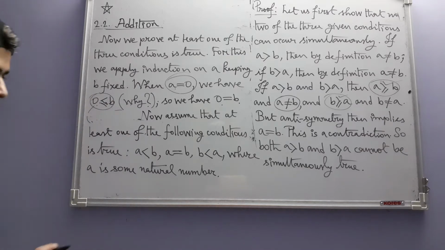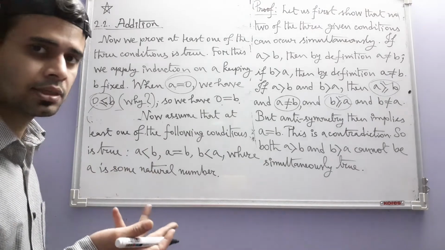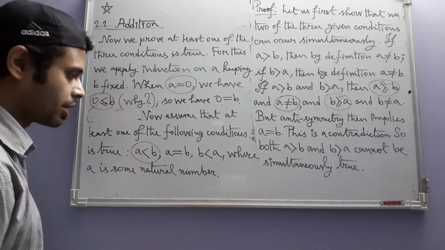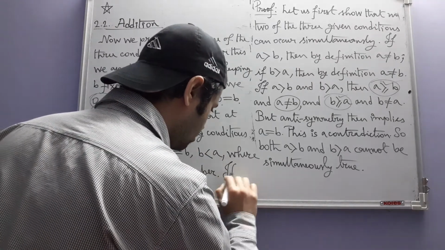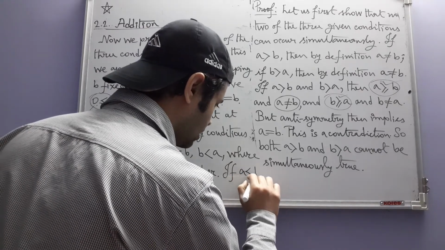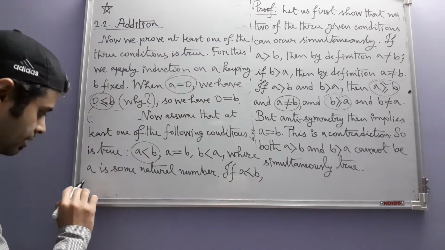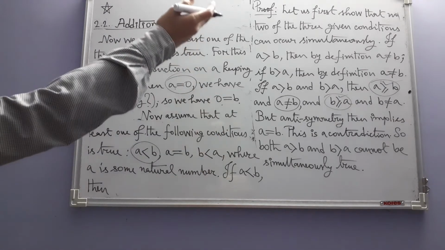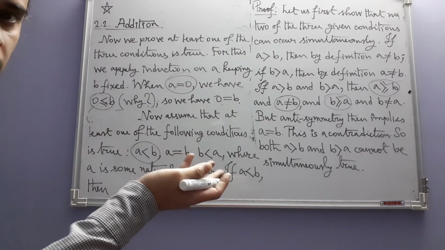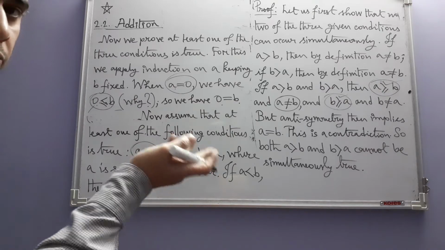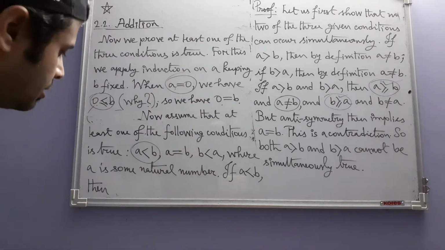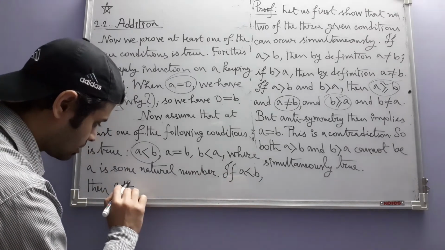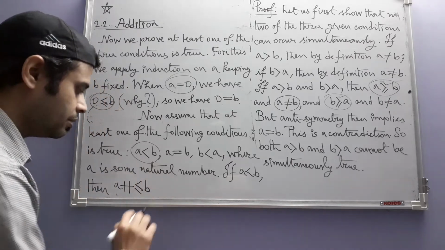We now have to look at the case when we replace a by its successor, and I am going to start with these conditions one by one. If a is less than b, then by the properties of order that we have proved just now in the previous result, I can write: if a is less than b, then a plus plus is less than or equal to b.